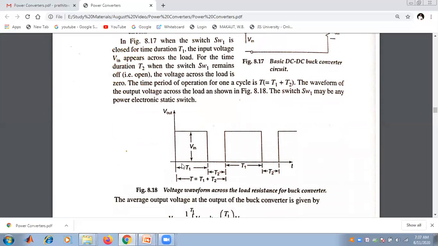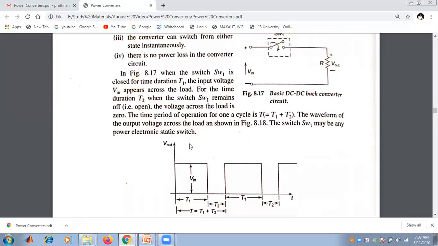This is an entire one time period, T. T1 is the on time, the time when the switch is on, and T2 is the off time, the time when the switch is off. This is the output voltage V out across the load, and this is the time T.